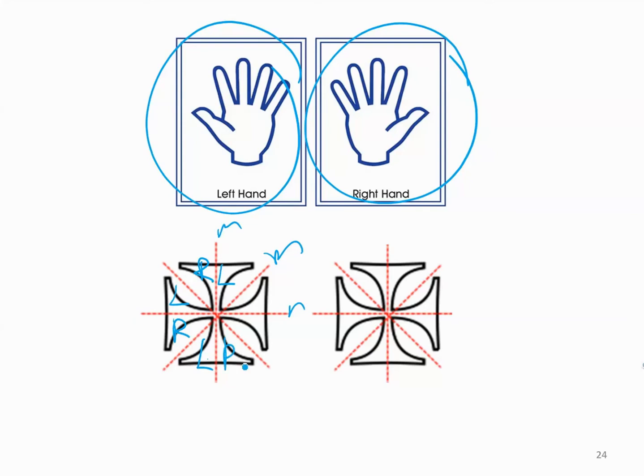After the mirror plane becomes right. So right reflects to left, left, right, left, right. Clear? And then normally we will put a comma. So this is the left and this is the right to differentiate it.